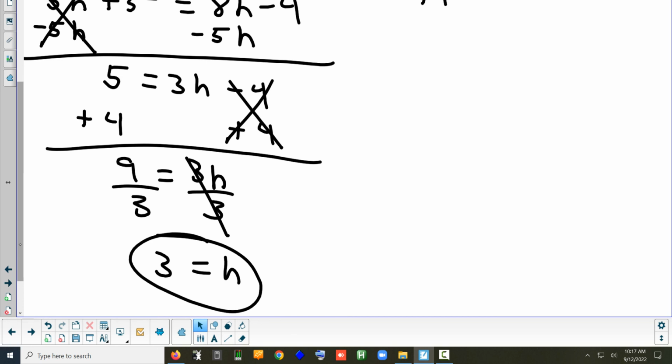All right. What did we get for the answer to this problem? A positive number? Can you tell me what positive number? 3. The answer to this problem was H equals 3. That is the only answer. 3. Not 5, not 1, 3. 3 is the only answer to this problem.